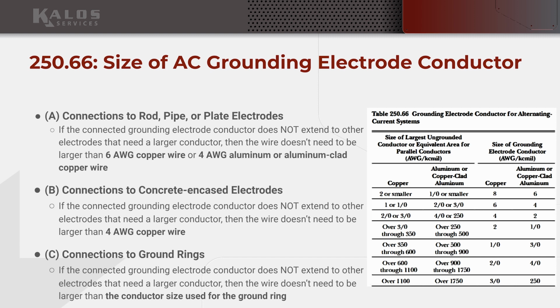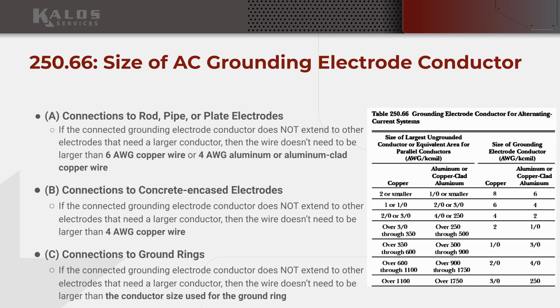So if you have copper conductors for your line conductors, line 1, line 2, and so on, if it's number 1 or 1/0, your grounding electrode conductor is required to be 6 gauge if copper or 4 gauge if aluminum. And if they were parallel conductors, you would just take the equivalent size.